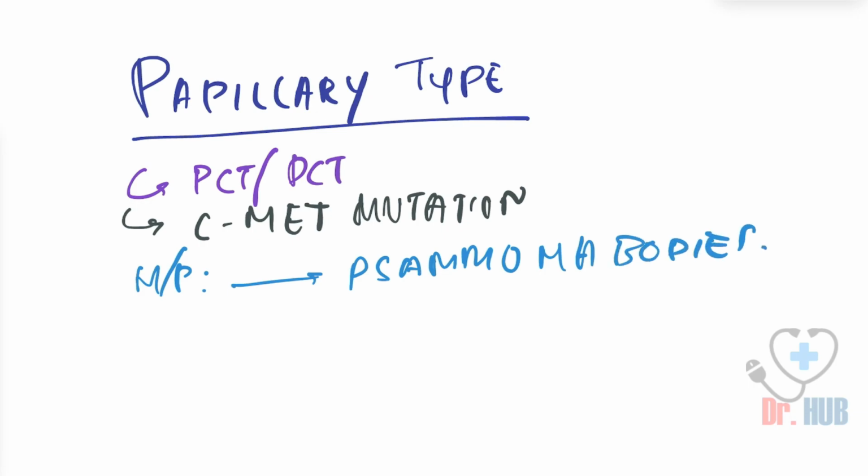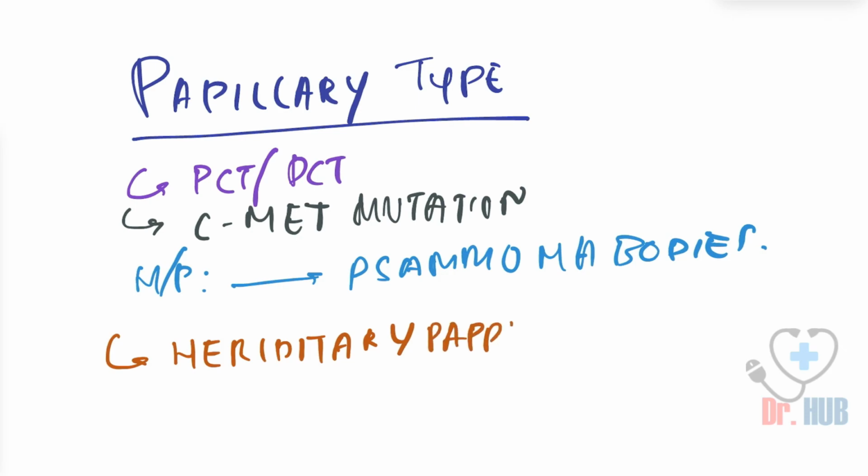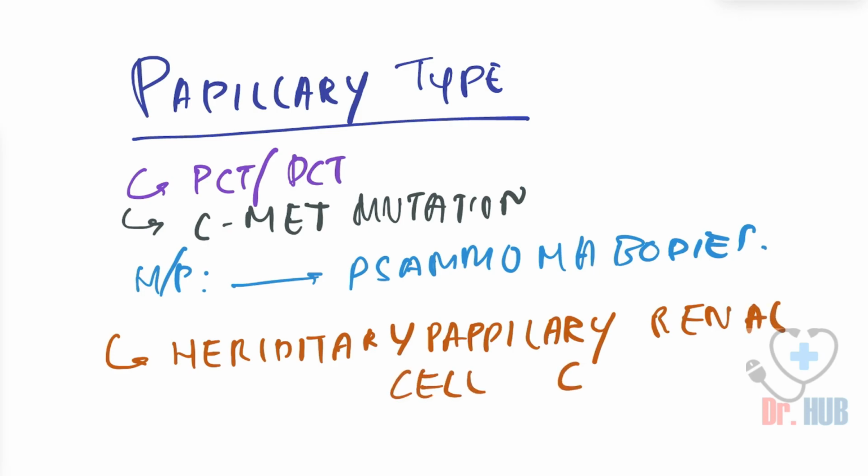Now we are looking at what it is associated with. It is associated with hereditary papillary renal cell carcinoma.